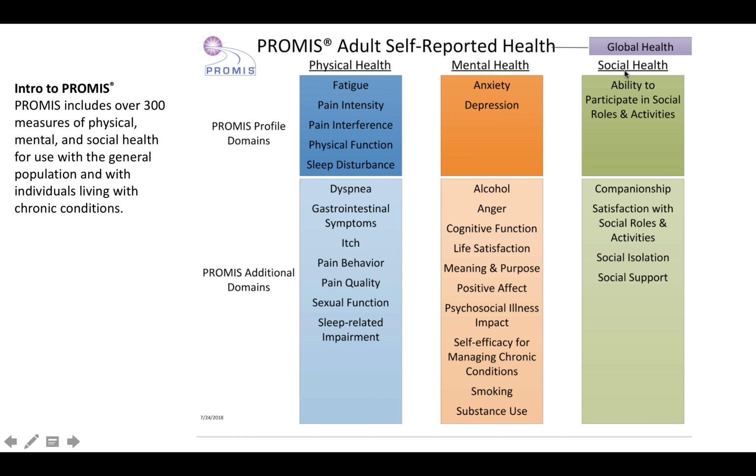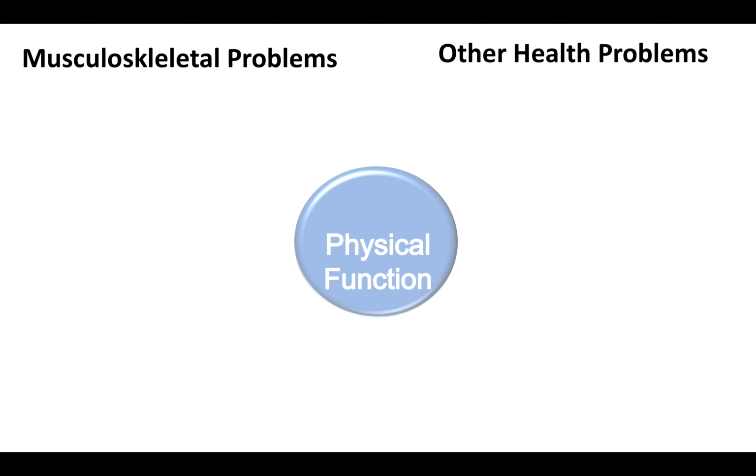And then new to clinical care is the assessment of social health, ability to participate in social roles and activities, or something like social isolation. And there's also another new measure which combines all of these. But nevertheless, what is clear is that these measures allow us to expand our assessment of patients.